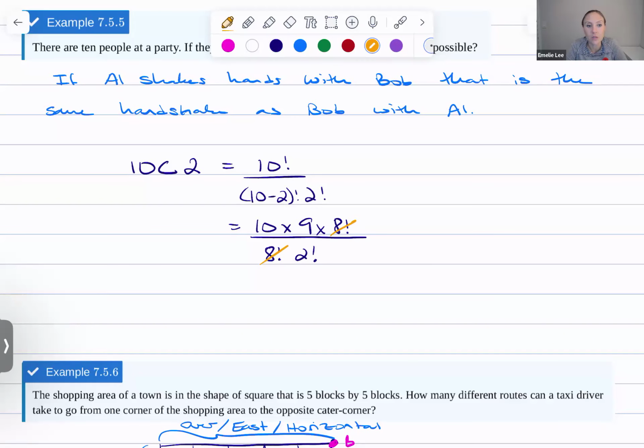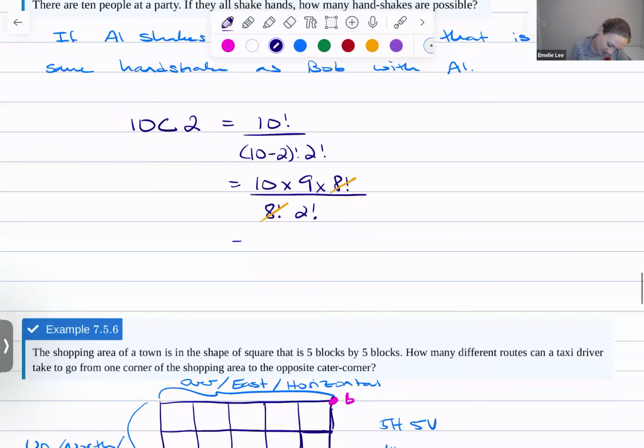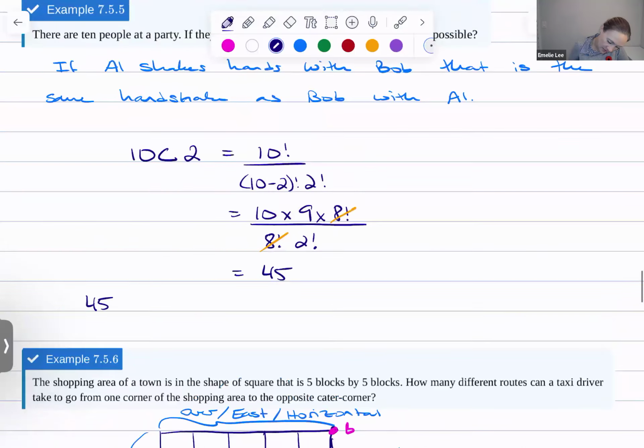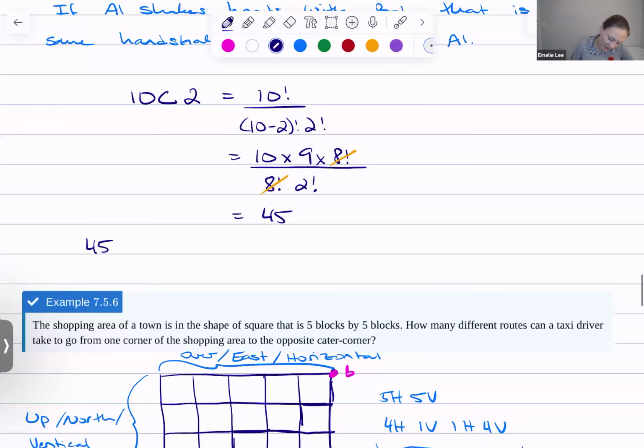Now, 8 factorial over 8 factorial is going to cancel. And 10 times 9 divided by 2, I'm going to go with 45, but let me confirm. 10 choose 2, 45. So 45 handshakes are possible.